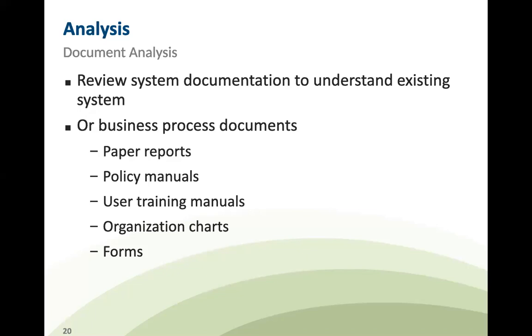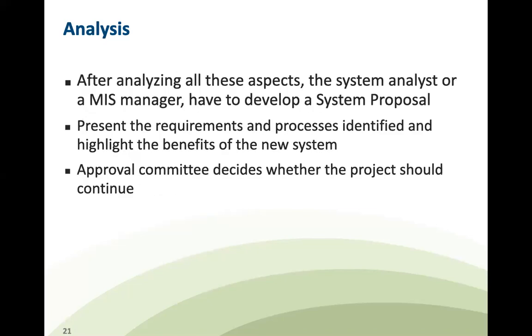You can look into documents like paper reports, policy manuals, user training manuals, organization charts, and forms. If you refer to these, then you can also analyze the existing system, how the current business processes are conducted. Right, so this is all about analyzing.